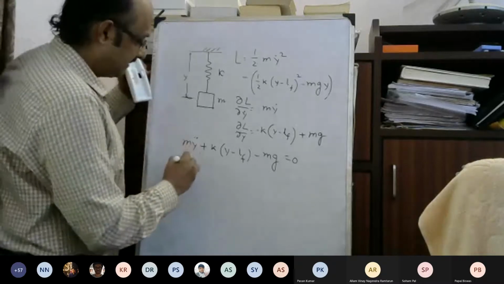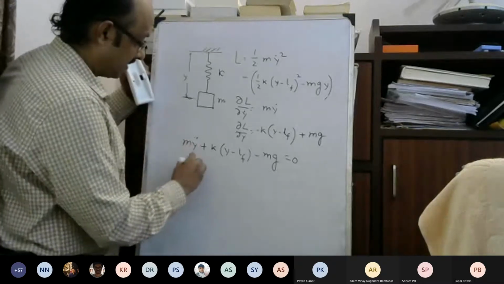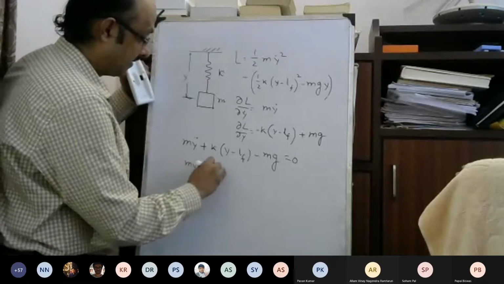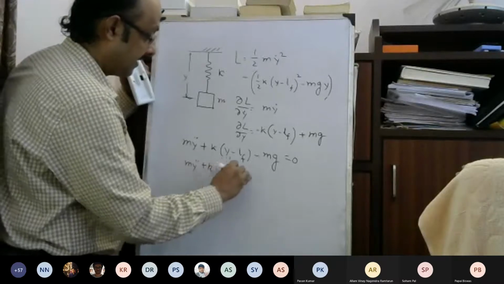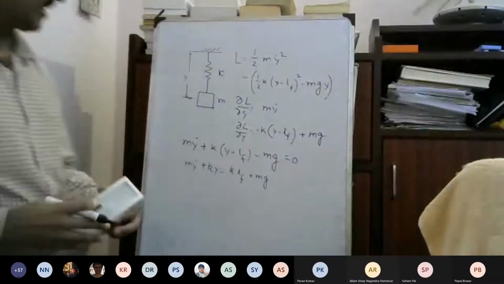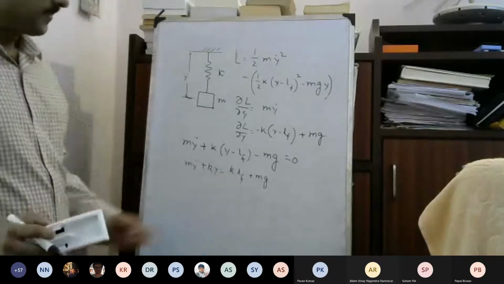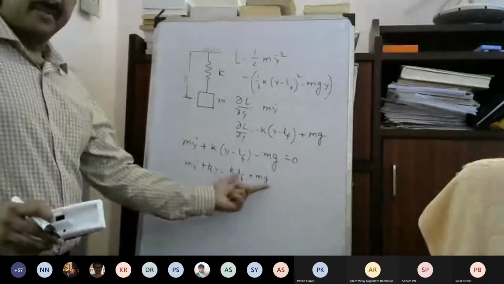Now this is the equation we have: m y double dot plus ky equal to k L_F plus mg. There is a forcing term present on the right hand side.